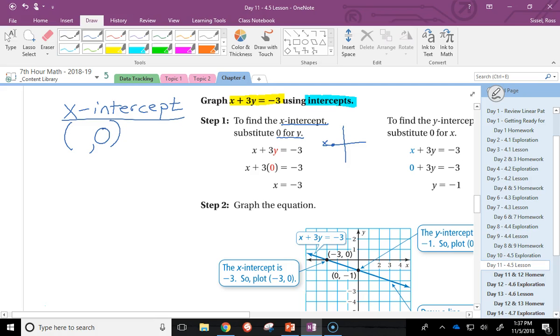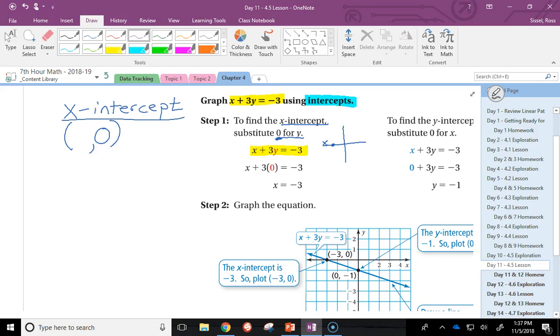And if I know that, I can solve for x. We just substitute 0 in for y. Here was our original equation, just like it was up there. X plus 3y equals negative 3. We are going to put 0 in for y. So I see they did x plus 3 times 0.